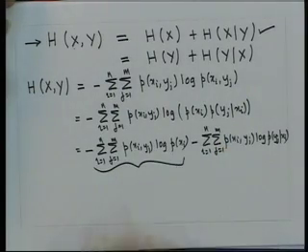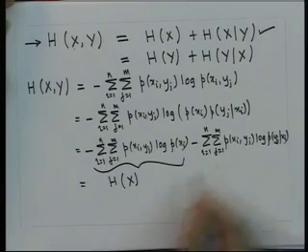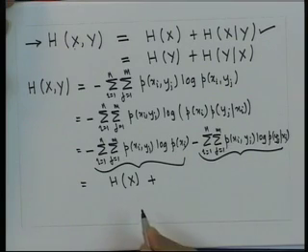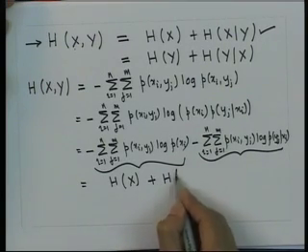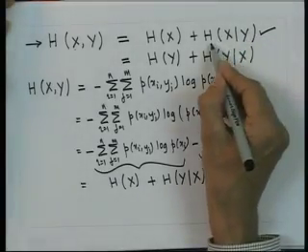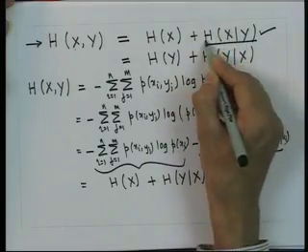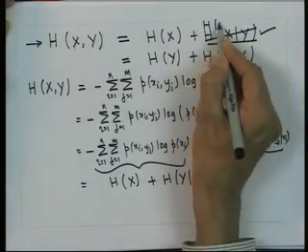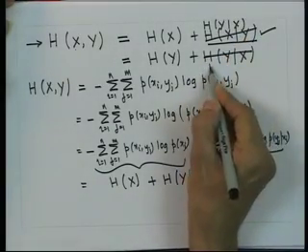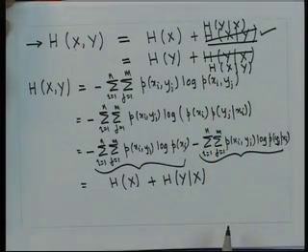Now, this quantity out here is nothing but your h x, and this quantity is by definition h of y given x. Sorry, this quantity out here should not be h of x given y, but should be h of y given x, and similarly this quantity should be h of x given y, correct.